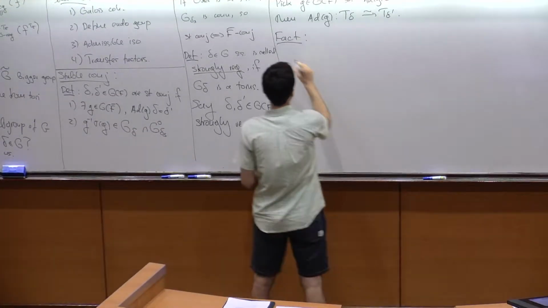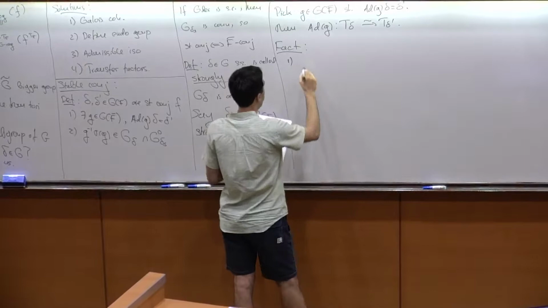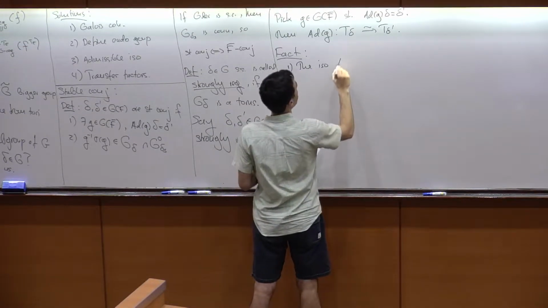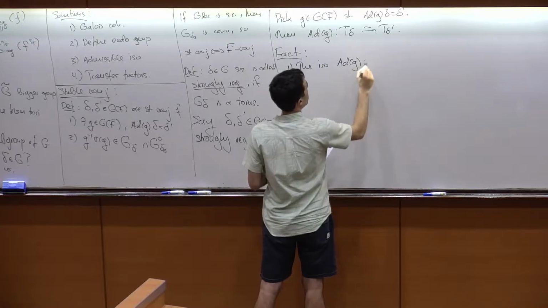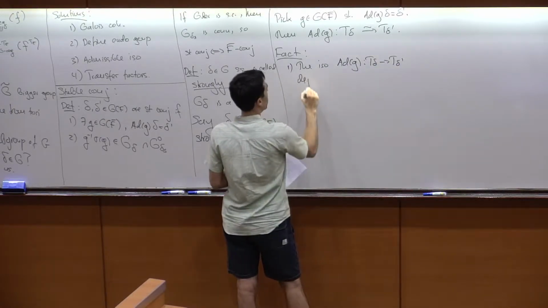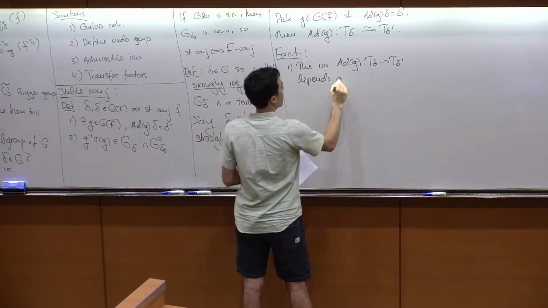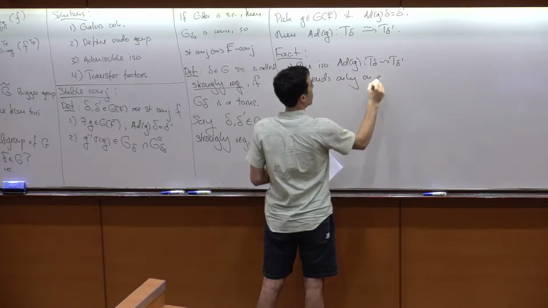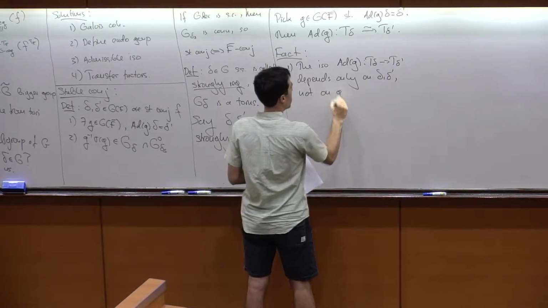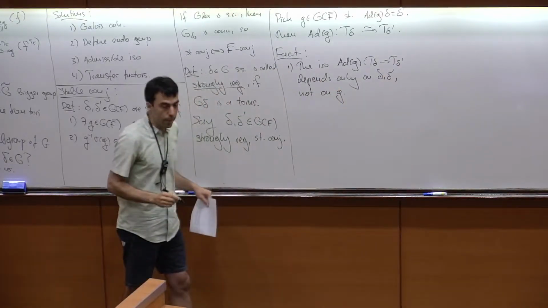This is an isomorphism. And so the following is very easy to check. Namely, first of all, this isomorphism depends only on delta and delta prime, but not on the choice of G. Okay?